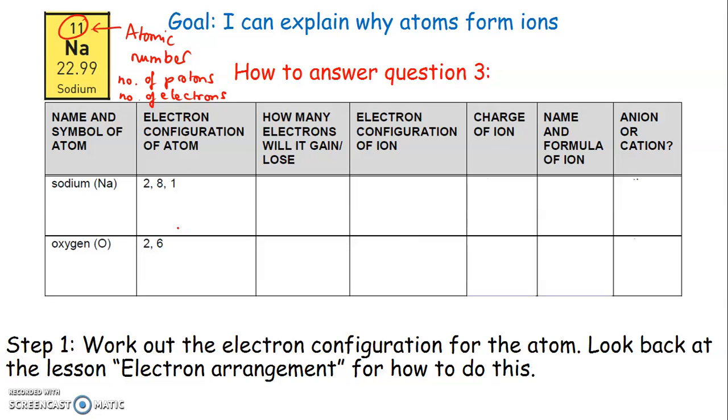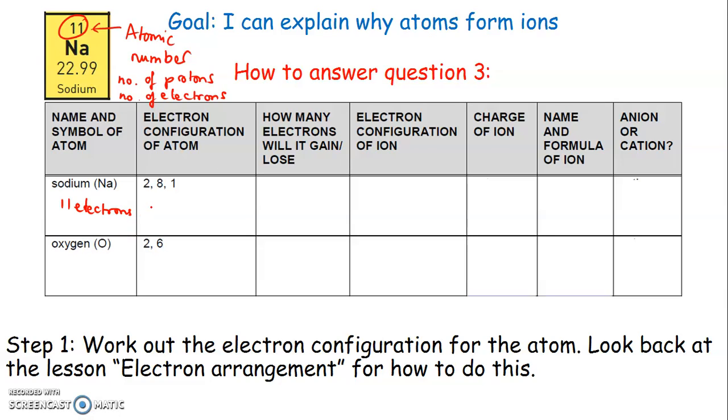Okay, so an atom without any charge. So this would tell us how many electrons there are. So for sodium here, the atomic number is 11. That means that there are 11 electrons. Okay, 11 electrons for sodium, and the electron configuration tells us how these 11 electrons are arranged.